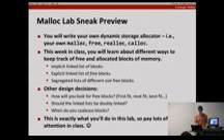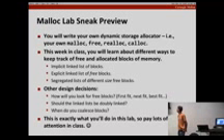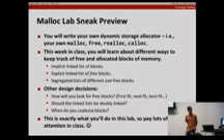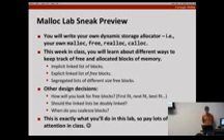Okay. So a quick sneak preview of malloc lab before we move on to virtual memory. In malloc lab, you're going to be writing your own storage allocator, implementing malloc, free, realloc, and calloc. Those are the four main functions for memory allocation. In class, you're going to be learning about different ways to keep track of free and allocated blocks.